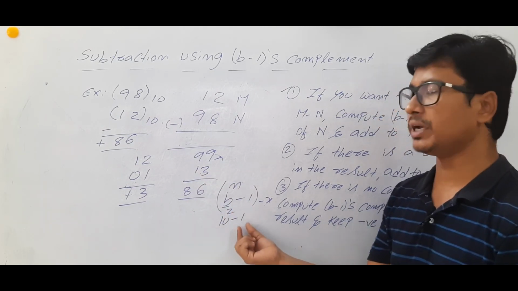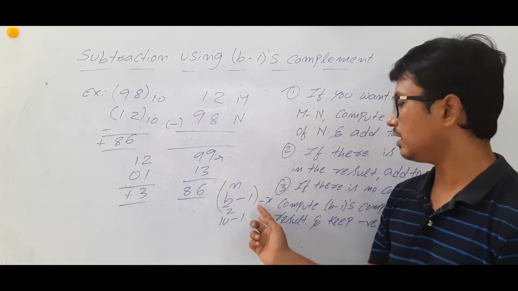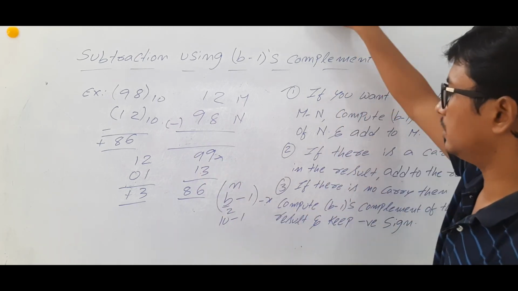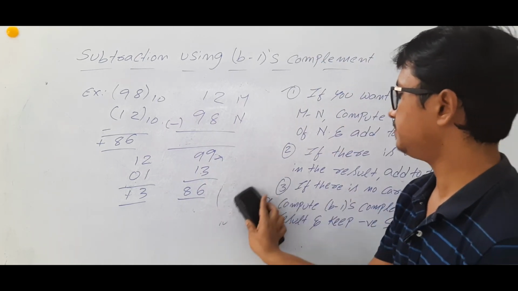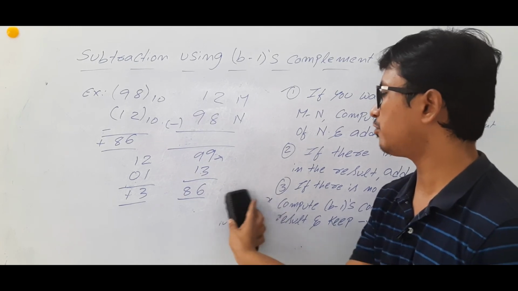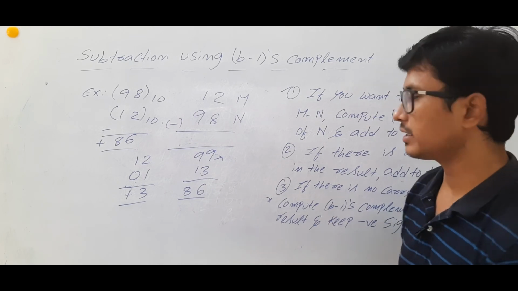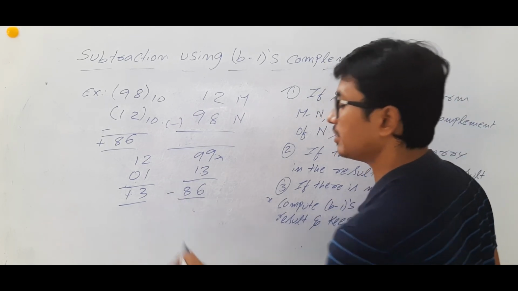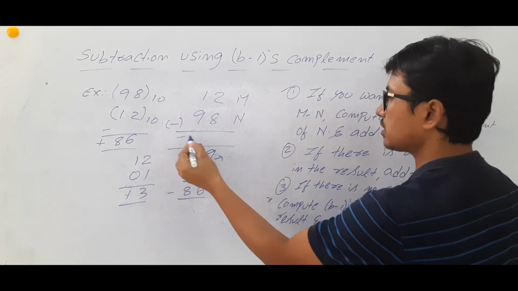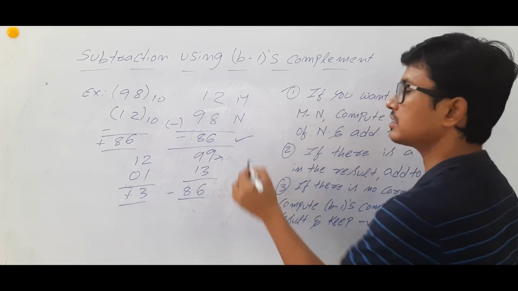So 10 power 2 minus 1, 100 minus 1, 99. Minus x, which is this 13. Now what should you do? You perform the b minus 1's complement of the result and add a negative sign in front of it. So you got the result as minus 86.